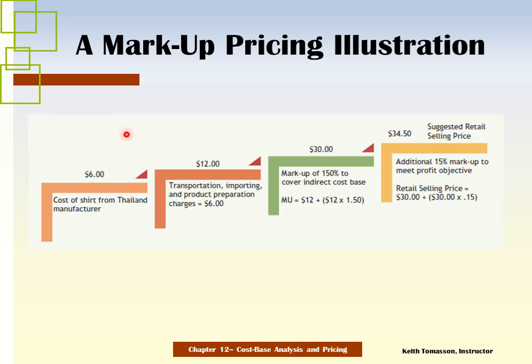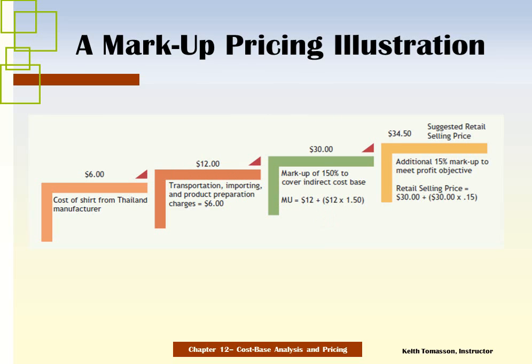So now the total cost becomes $12, $6 for the cost of the shirt plus another $6 for the transportation, importation, and product preparation charges. We also have a markup of 30% to cover the fixed costs. So our variable costs are $12 per unit now, and we also must cover our fixed costs.